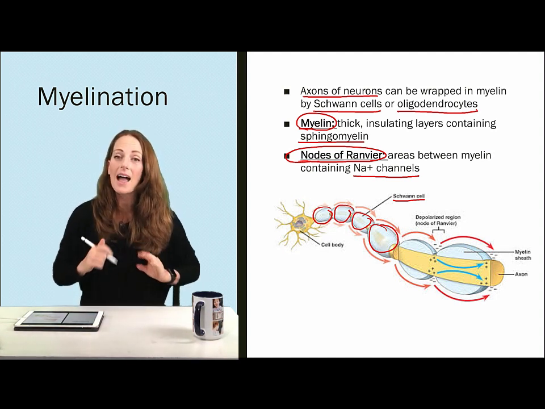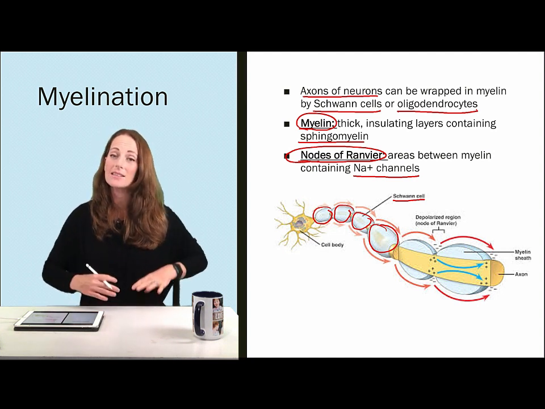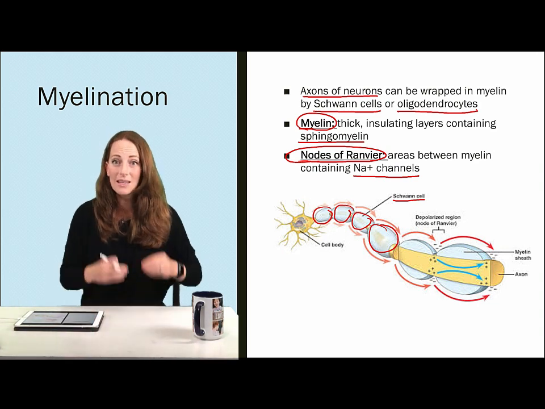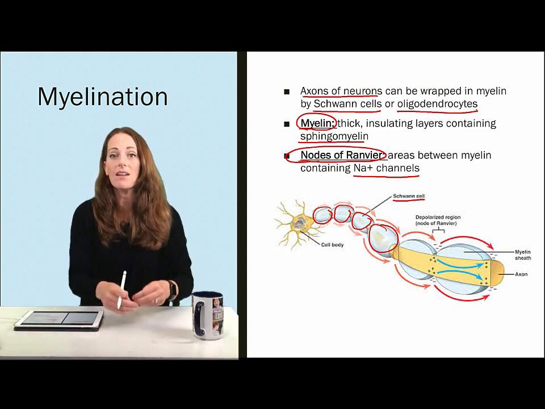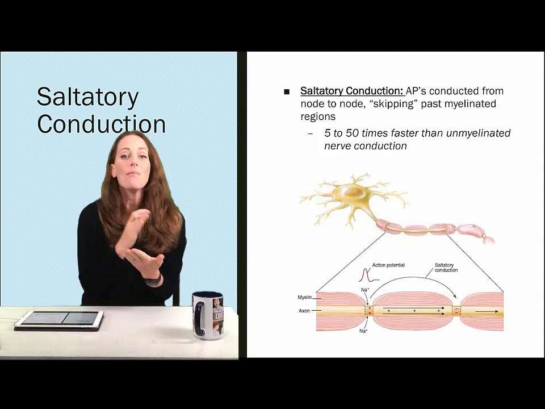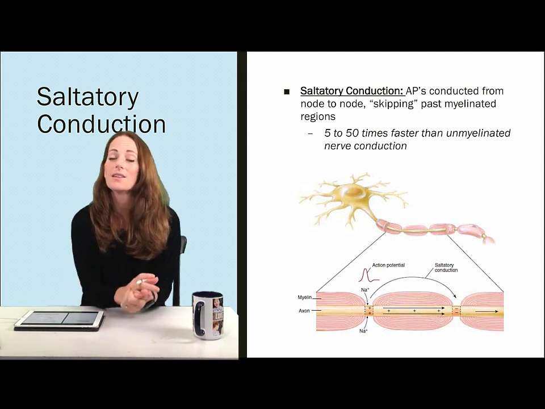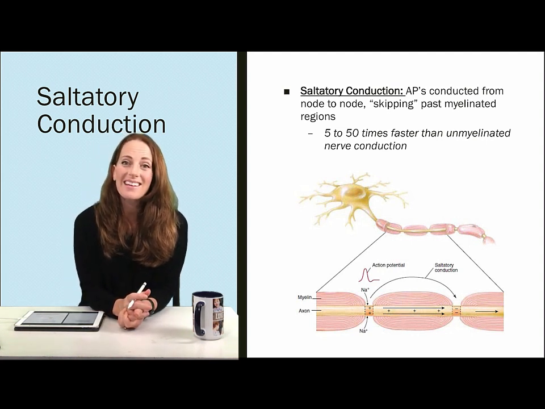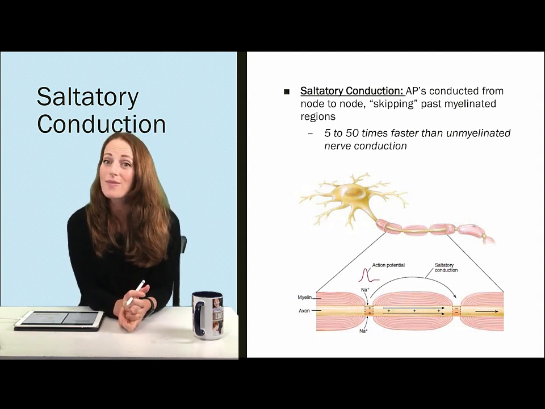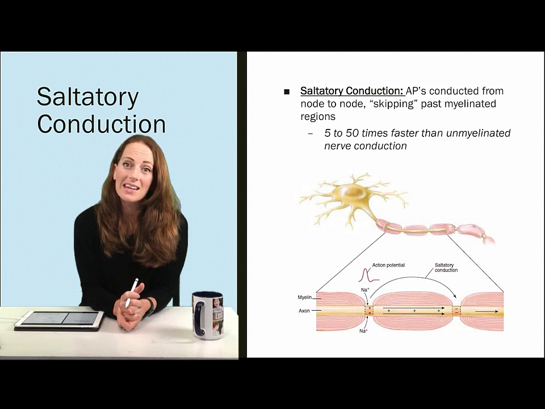So the way that the action potential propagates very quickly down these myelinated axons is by hopping quickly from node to node, skipping regions and moving very fast down the axon. That very fast conduction from node to node is called saltatory conduction, and it's 5 to 50 times faster in myelinated cells than unmyelinated cells.